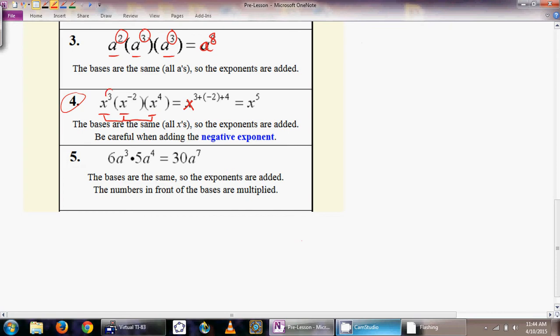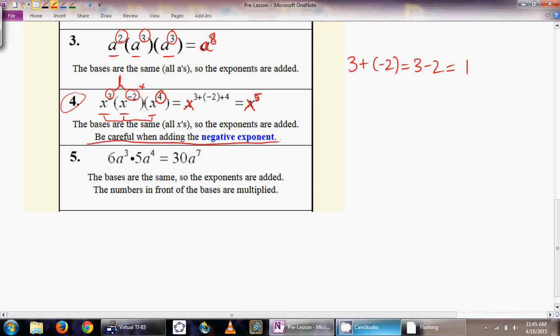So it's 3 plus a negative 2, which is the same as 3 take away 2, which is 1. Then we have this 4 left over. So 1 plus 4 is 5, and that's where we get x to the 5th. So be careful when adding negative exponents.